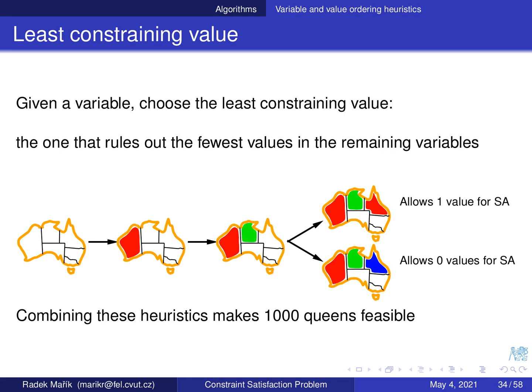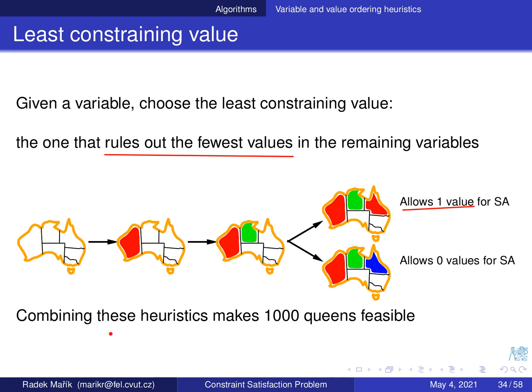If you select blue, that means for this region, which is SA, South Australia, you have no other choice. You have no remaining values. While if you select red, you still have one value for SA. So this is selected because it rules out the fewest values in the remaining variables.